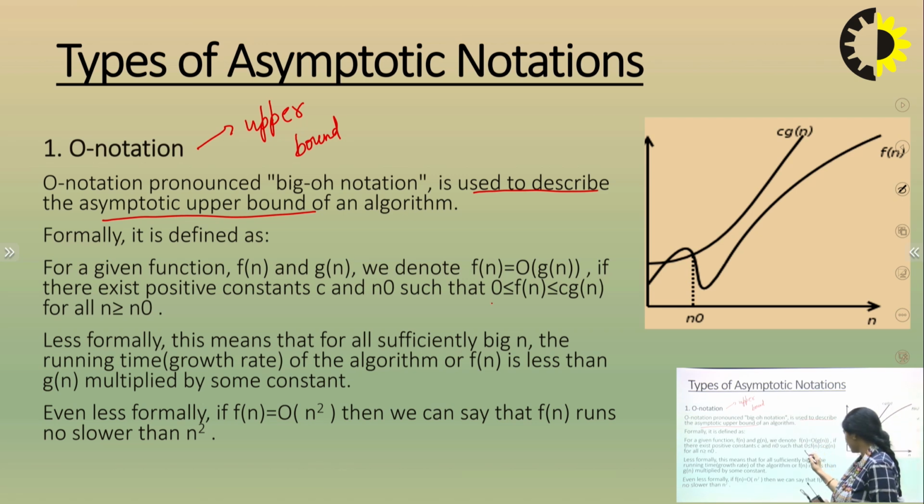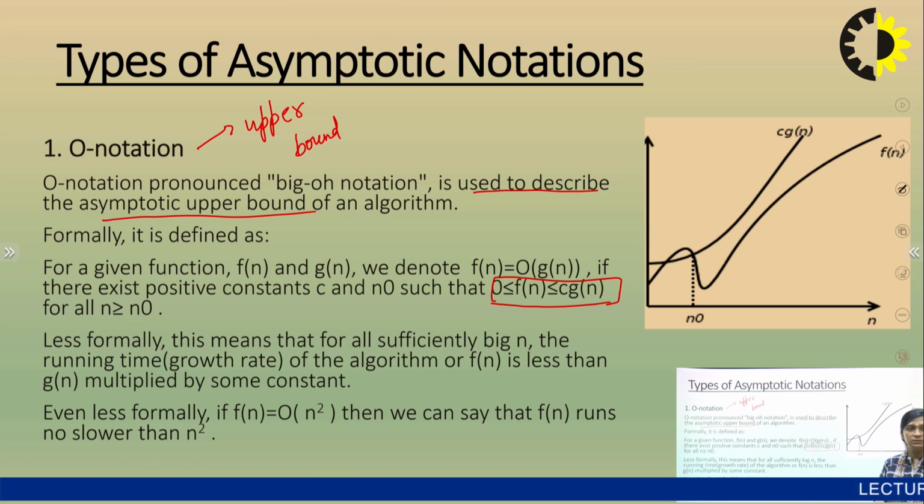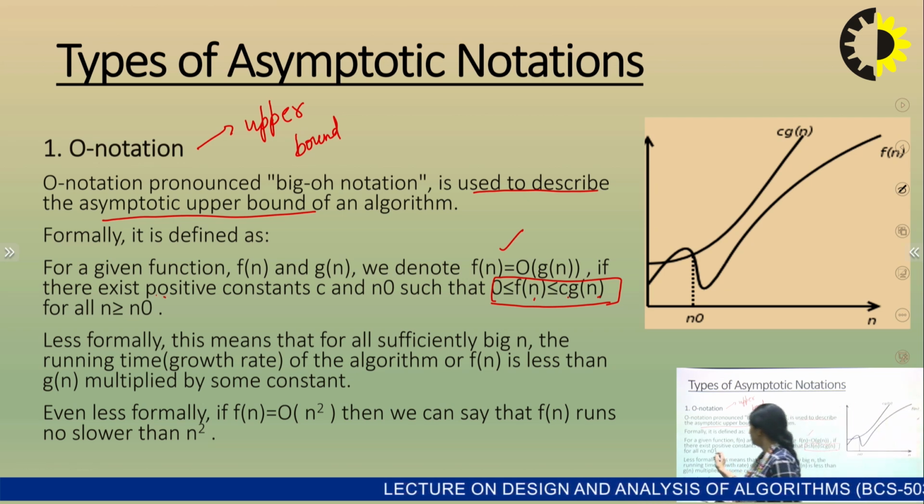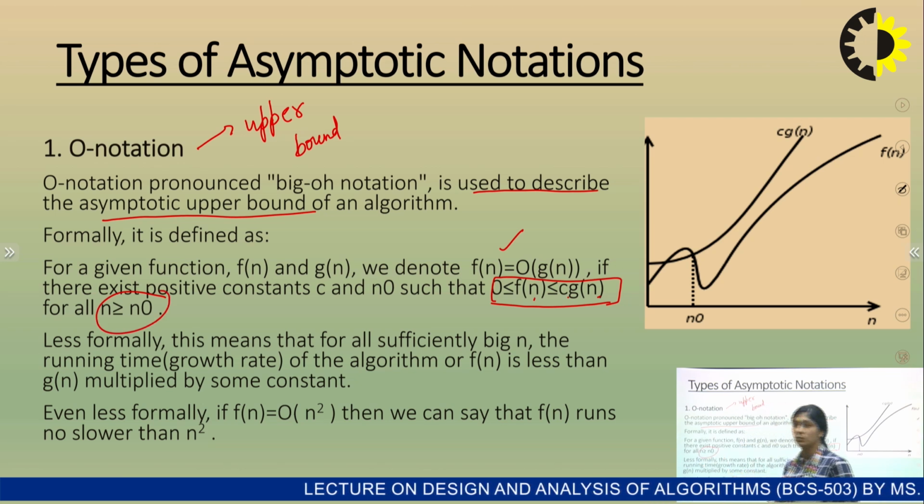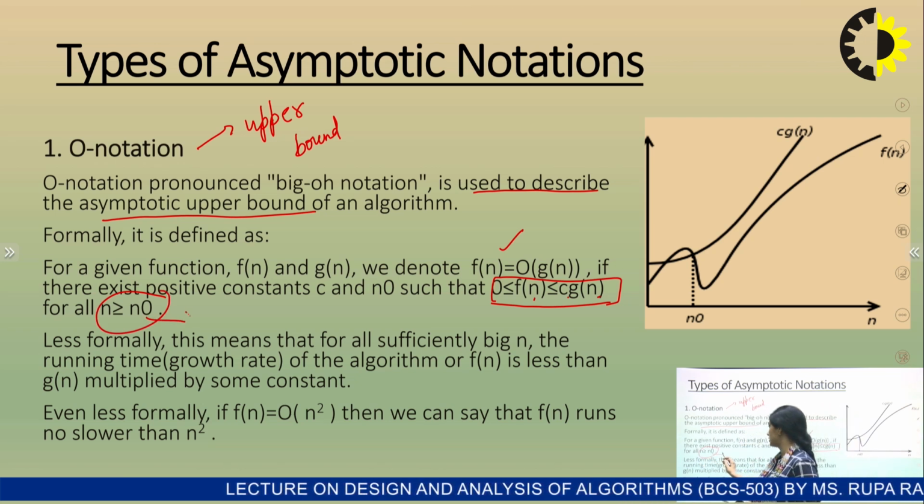Now you have a condition of big O notation. If f(n) is less than or equal to c·g(n) and greater than or equal to 0, where c is a constant and f(n) and g(n) are functions, then we can say f(n) is equal to big O of g(n), where n must be greater than n0. n0 is also a constant.